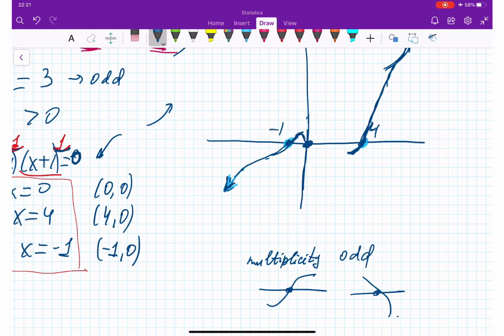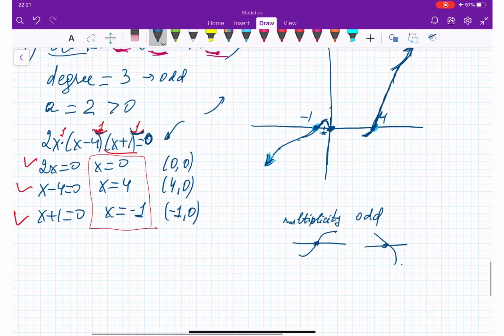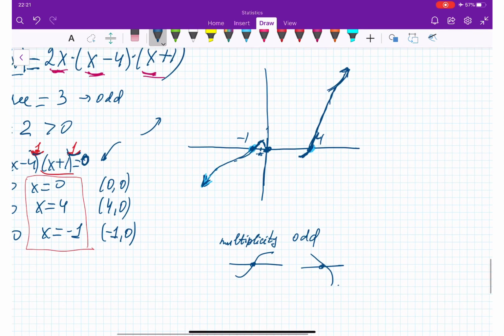Whether it comes this way or that way, you can figure out by taking some point, let's say right here in the middle, say negative 0.5, plugging it in and calculating. But we don't need it. I'm just drawing approximately this shape, but more importantly, we are going through these points. And the same way, it's going to be this one.